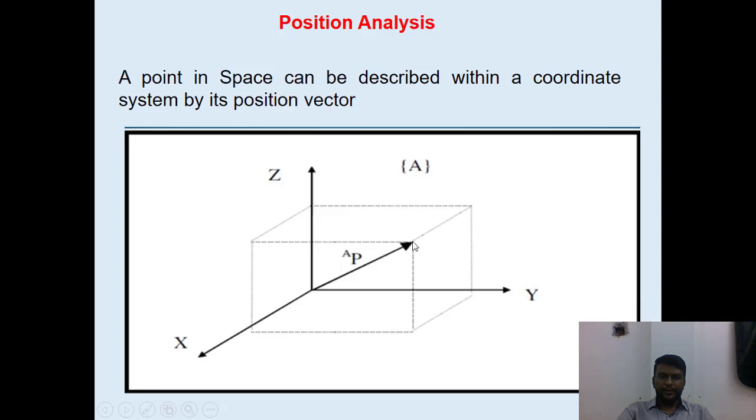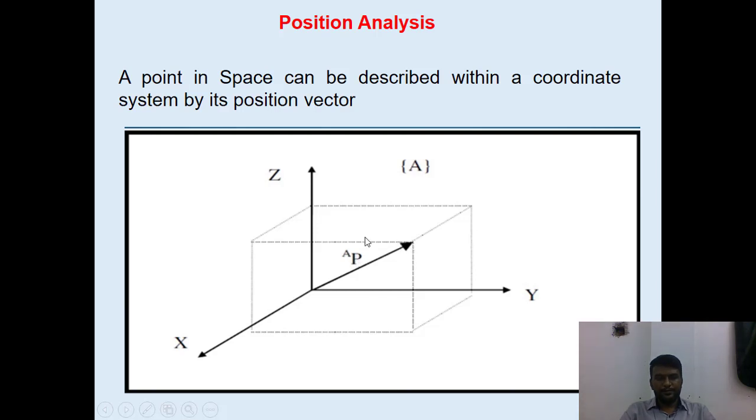Suppose we need to define the position of a point in space. There is a point P, and for our convention, we refer to every frame with some character. So this frame is called the A frame. This XYZ axis is called the A frame. We need to know the position of point P in frame A. Here the superscript indicates the frame A, while P is the point in space.